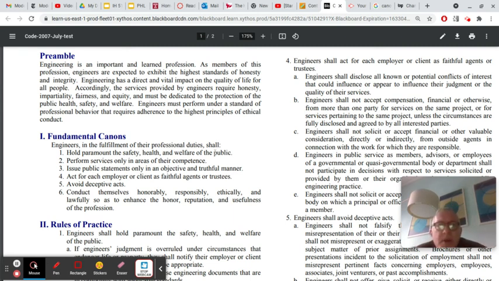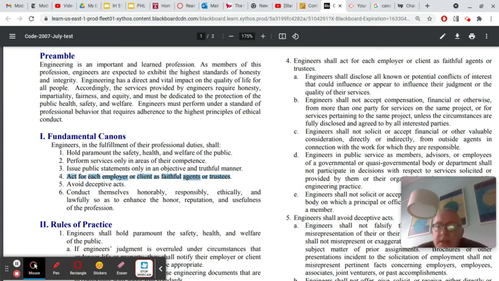The interest of the public, which seems to be primary. That is, the engineer has a responsibility to protect the public. But here, the engineer has a responsibility to be a faithful agent of their employer or client.